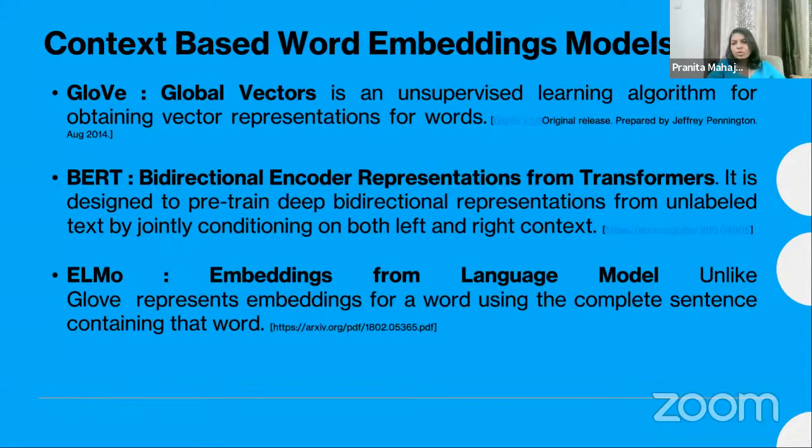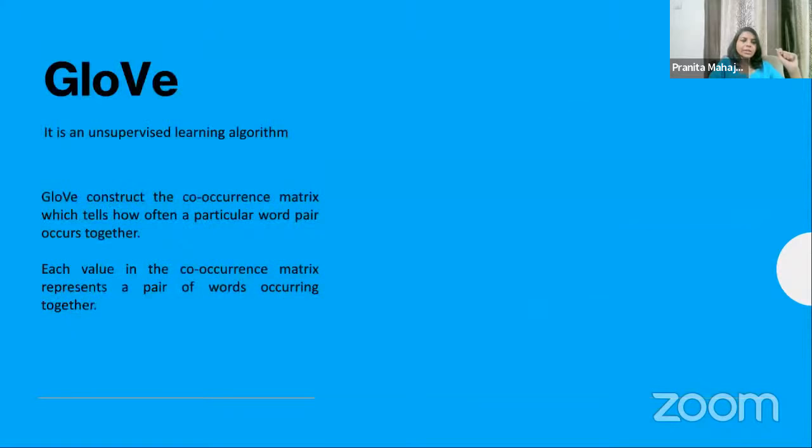BERT is a little expensive model and you need huge memory computationally, though we do have a small BERT as well. But if you have a scarcity or constraint of resources, then ELMo also gives good results. So let's try to understand each of the models first, and then I'll show you the implementation.